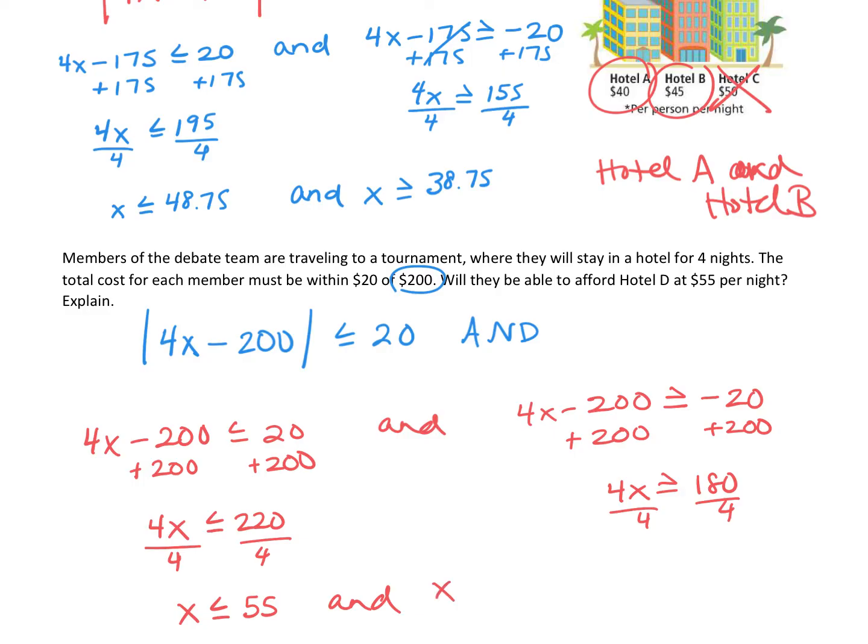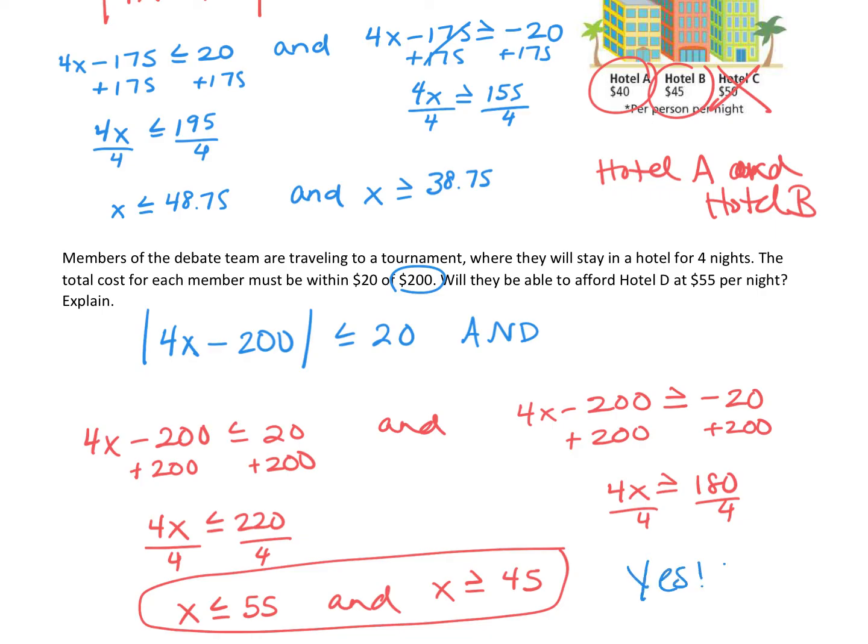Okay, so the cost that we can spend is $45 or more, greater than or equal to 45, or we can spend $55 or less, less than or equal to 55. Can they afford Hotel D at $55 per night? Because we can spend less than or equal to $55, that would be a yes. They can stay at Hotel D as another option.